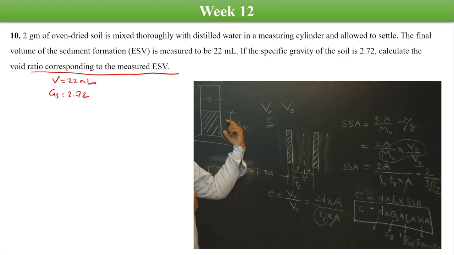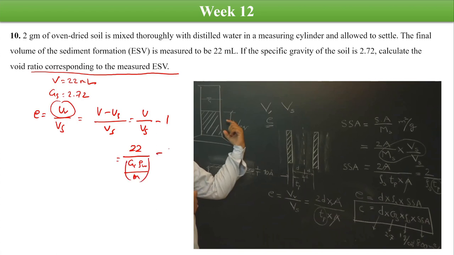If we see the void ratio, that is going to be volume of void upon volume of solid. If we break down the volume of void, it is going to be total volume minus volume of solid, upon volume of solid. So we can write total volume upon volume of solid, minus 1. The total volume is given as 22 ml, and the volume of solid is nothing but the mass upon Gs into rho w, right, in grams.